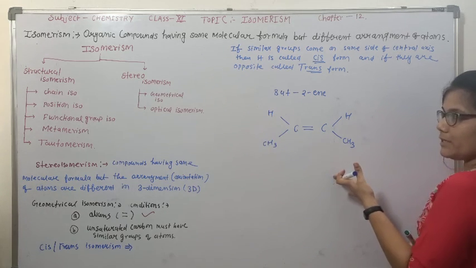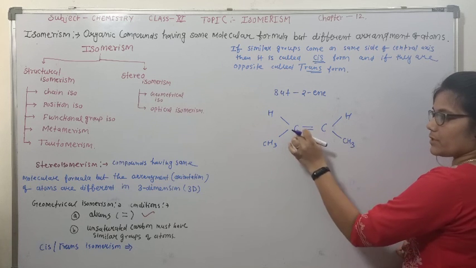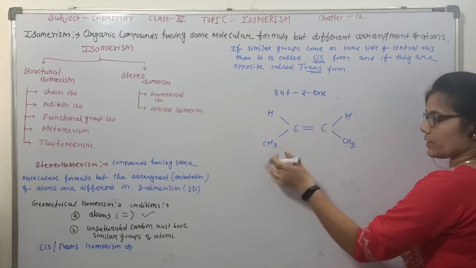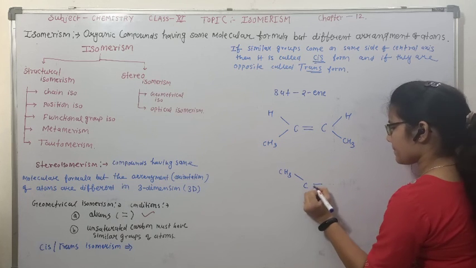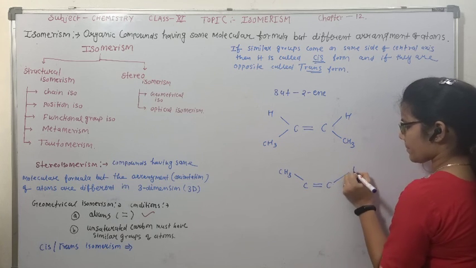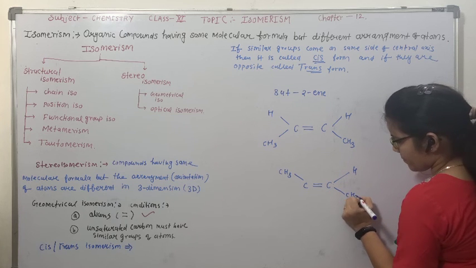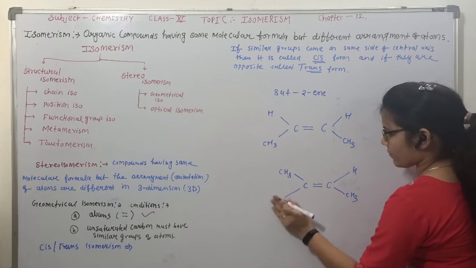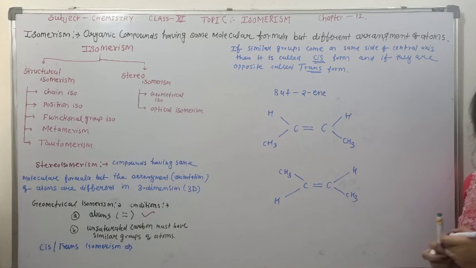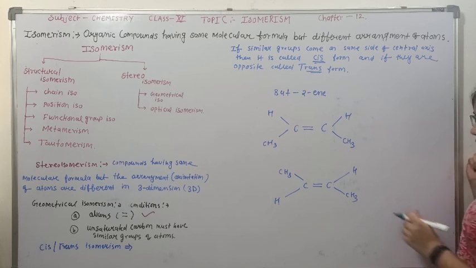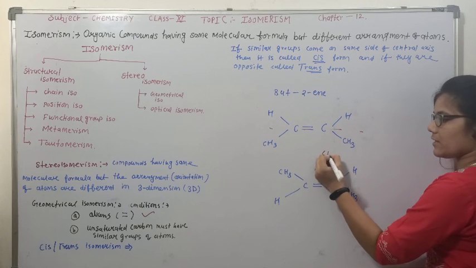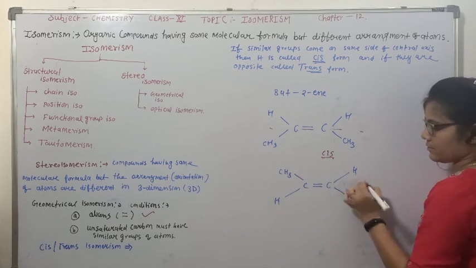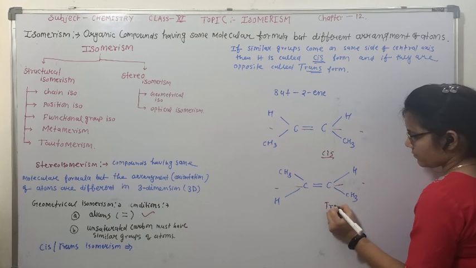This is butene, 1, 2, 3, 4. This is also butene. Now, which form is cis and which form is trans? We can see this is clearly cis form and this one is trans form.